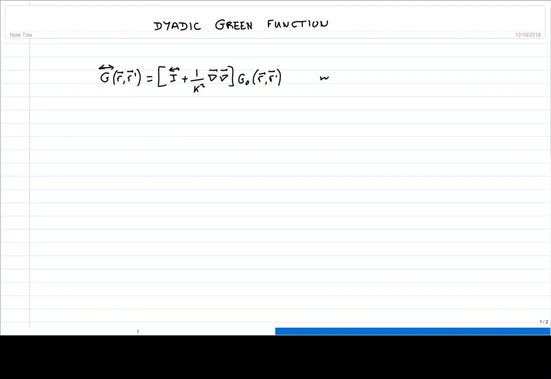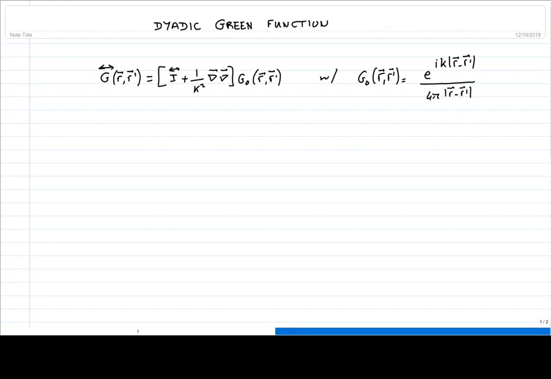This scalar green function, G node, is not a tensor, as opposed to the tensor G. G node takes the form of an exponential of ik times the distance |r minus r prime| between the source and the position where we calculate the field, and then 1 over 4 pi |r minus r prime|.